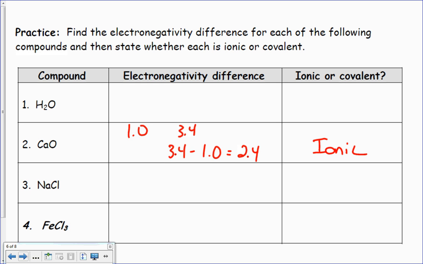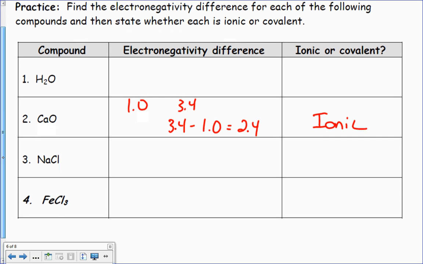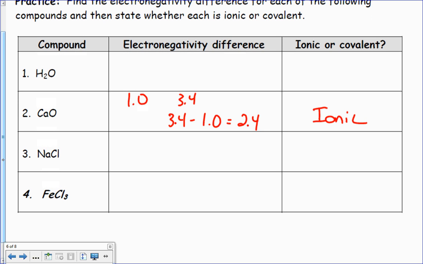Skip down to iron chloride, FeCl3. More handy dandy reference tables. I'm looking for iron. I see iron. Iron has an electronegativity of 1.8. Chlorine has an electronegativity of 3.2.